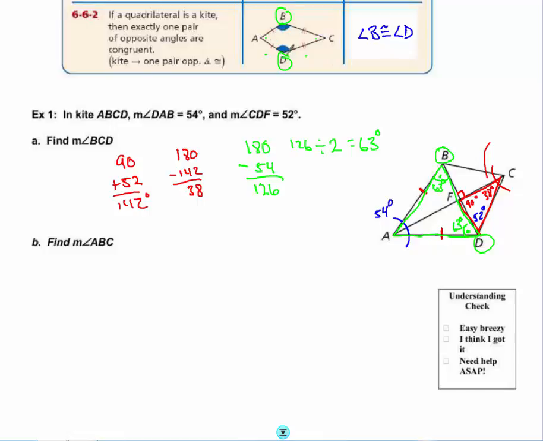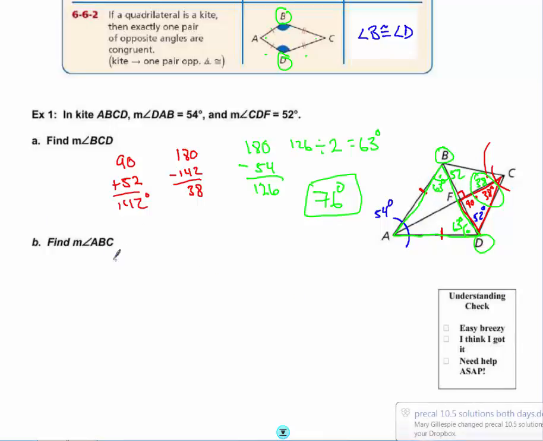It's going to be the two that are between the sides that are different lengths. So if this is 63 and this is 52 and this is 63, then this is 52, which makes this 38. So 38 plus 38 is 76 degrees. So that's what our angle BCD equals. And there's other ways you could fumble around this triangle and figure that out. I was trying to do it for you just real quick and easy, no formulas, no overthinking it.